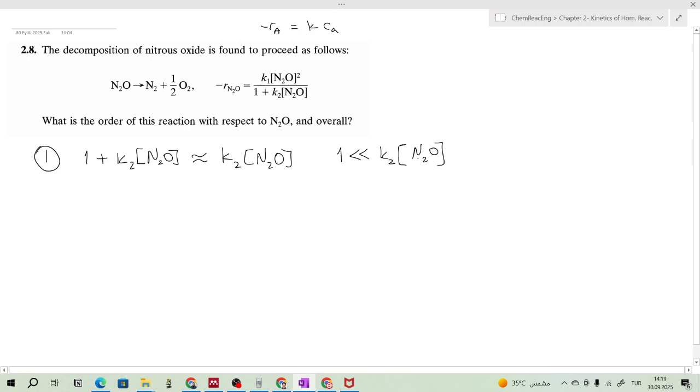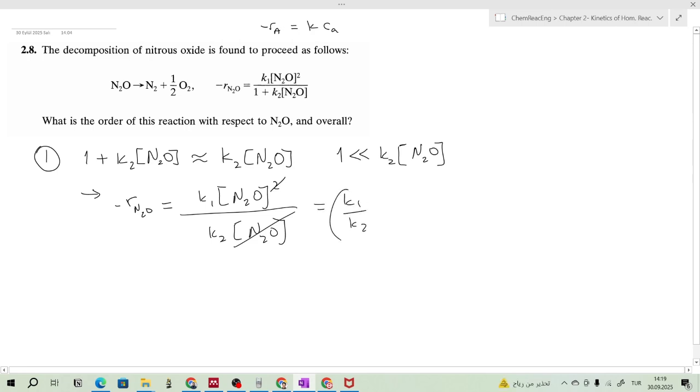When we compare them, 1 is too small compared to the other term, so we can neglect it, and the rate of reaction of nitrous oxide ends up as K1 N2O squared over K2 N2O. So this term will cancel the square, and it will be K1 over K2, which is the final coefficient of this regime.